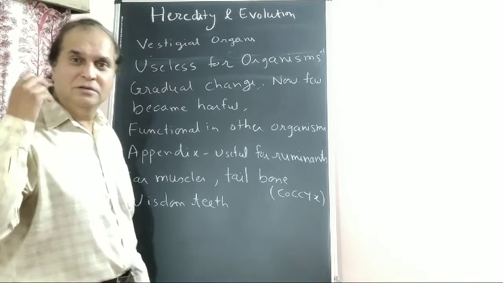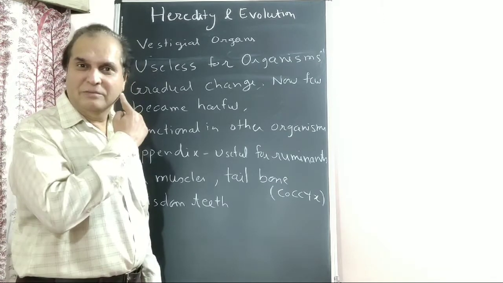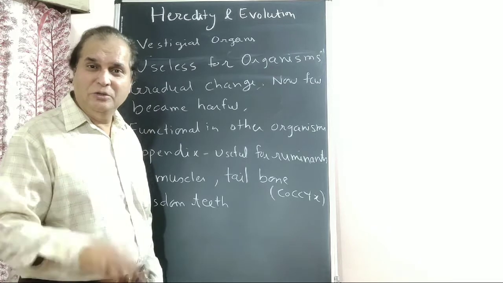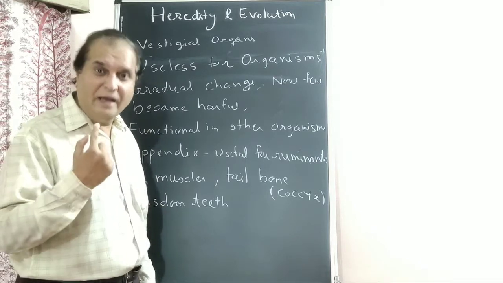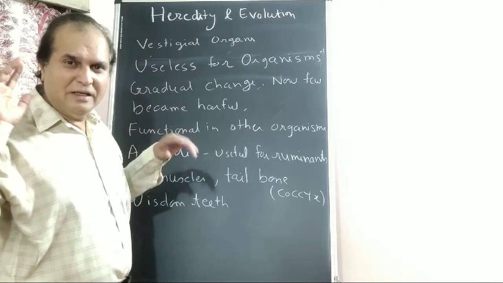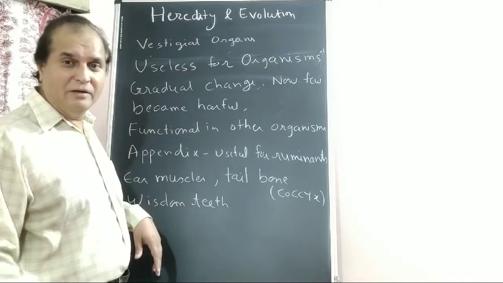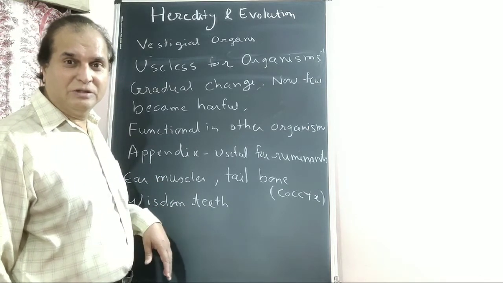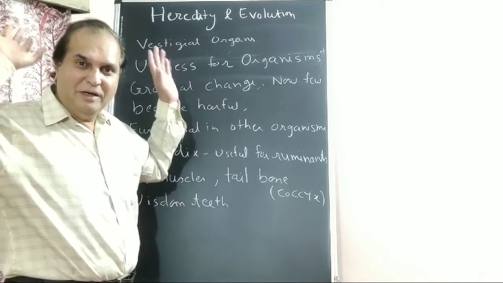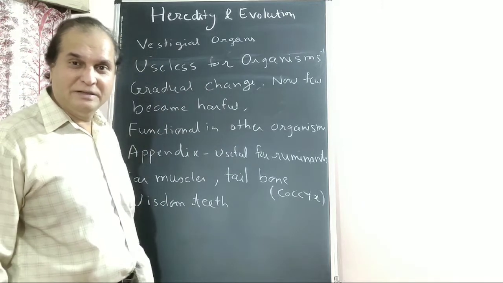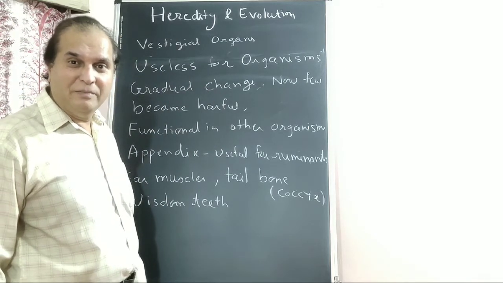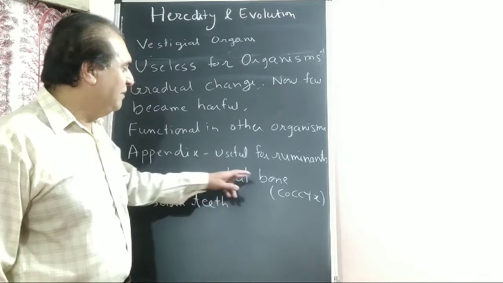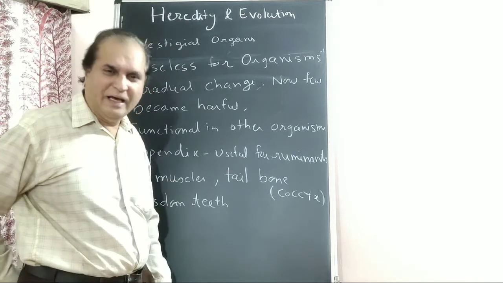Wisdom tooth. No use, but it is there. Ear muscles. Now weakened in human beings, but stronger for other animals. They can move ears, with huge ear pinna. Tail bone and tail muscles also are there.